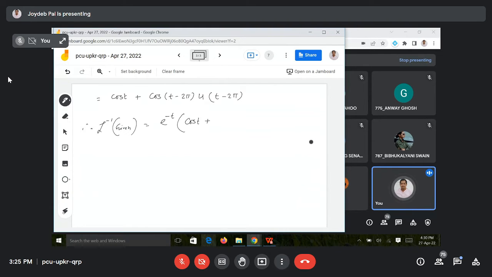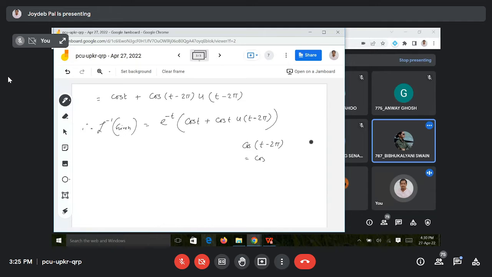Sorry, in the fourth quadrant cos is plus, so it will be cos. Am I correct or is something wrong? What will cos t minus 2 pi be? You should answer this.